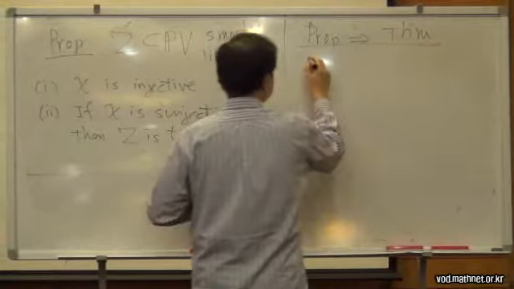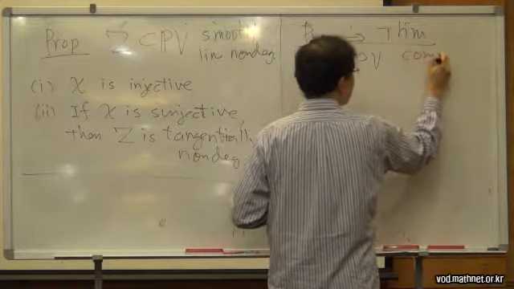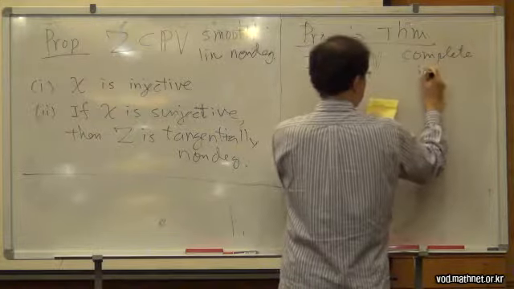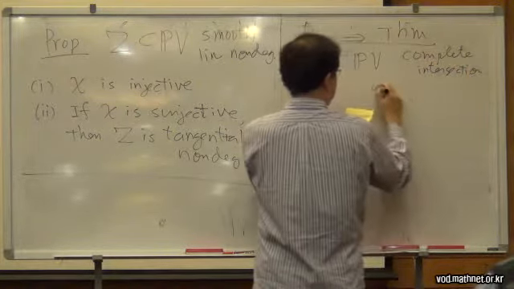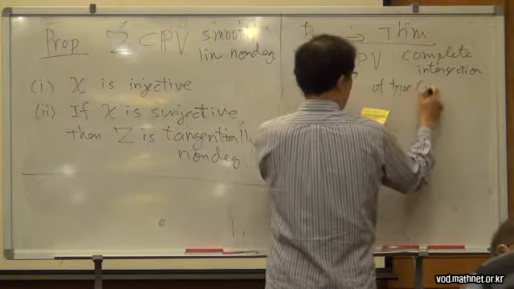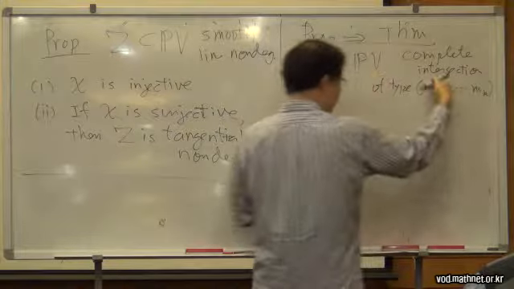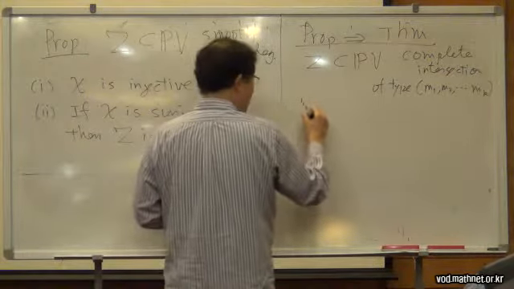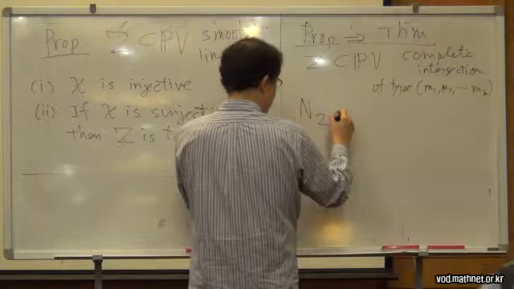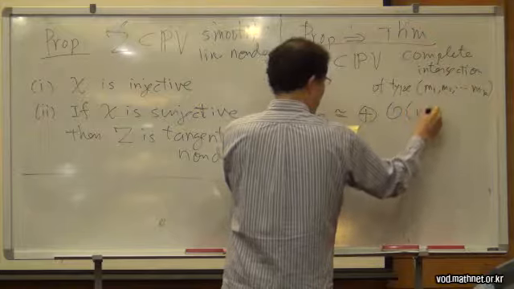Because if Z is a complete intersection of type, say, M1, M2, ..., MK, these are the multi-degrees, then we know that the normal bundle of Z is isomorphic to the direct sum of O(Mi).